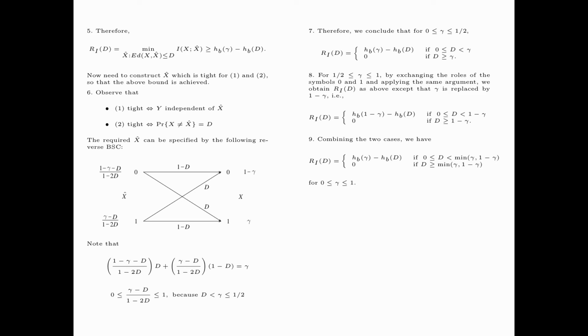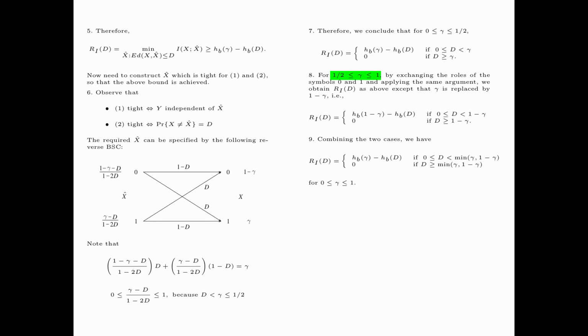To verify that this is correct, we first check the case for gamma between 0 and 1/2. For this one, the minimum of gamma and 1 minus gamma is simply equal to gamma, and this is exactly what we have obtained in step 7.